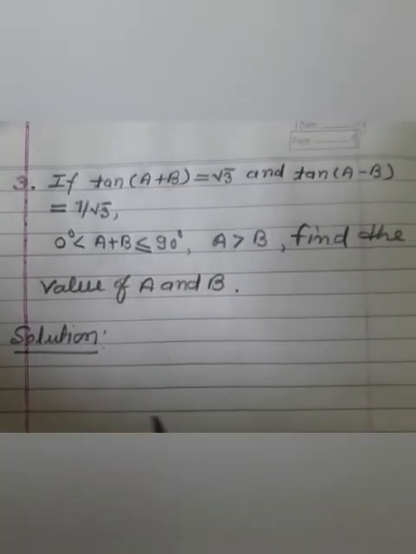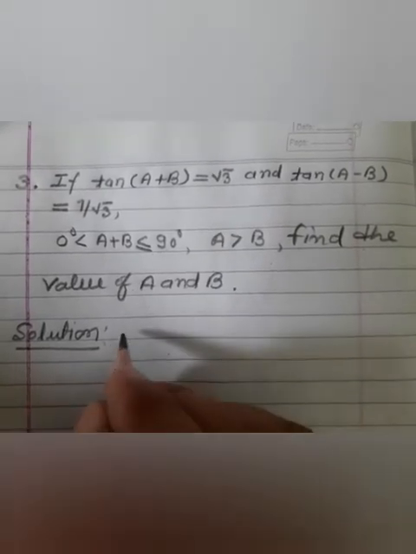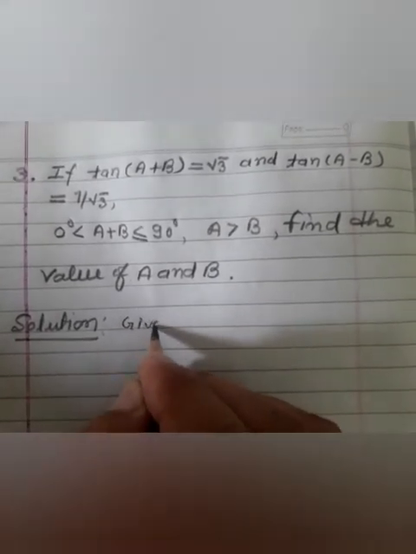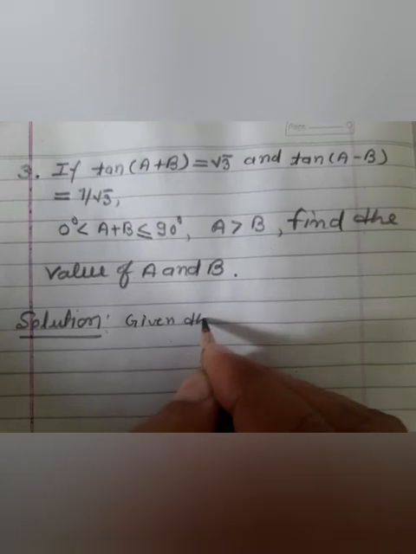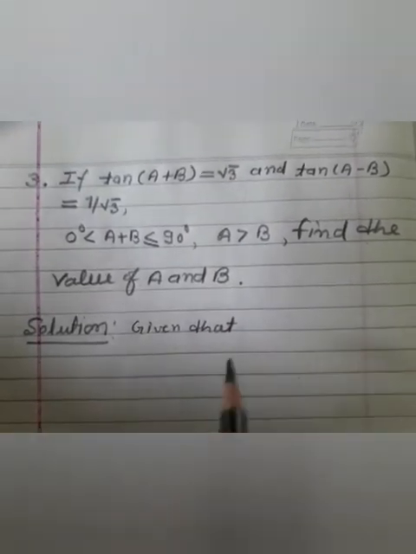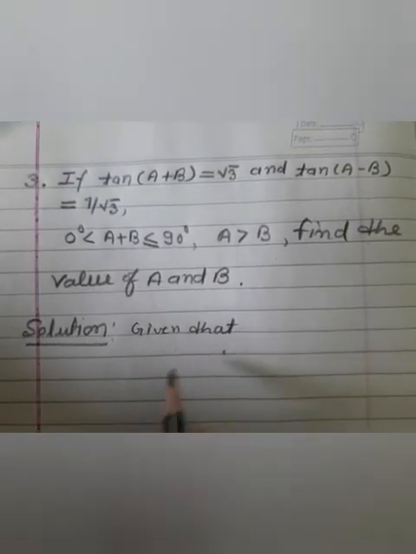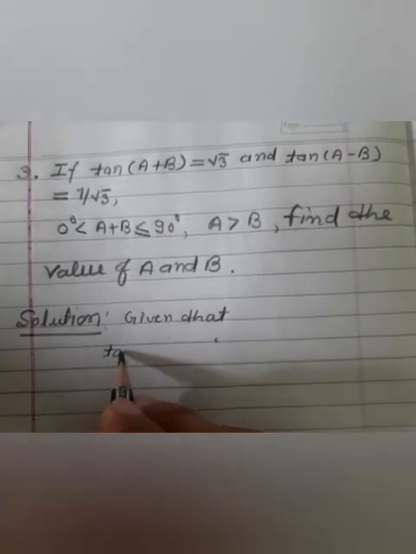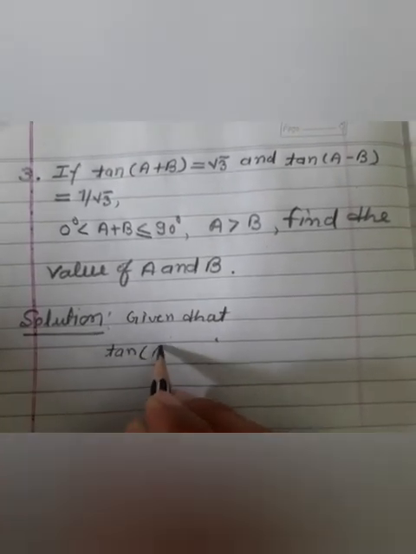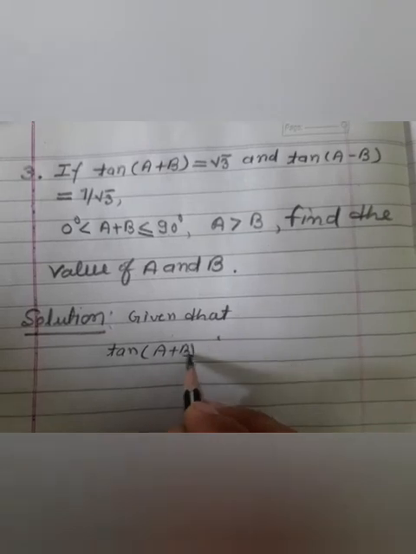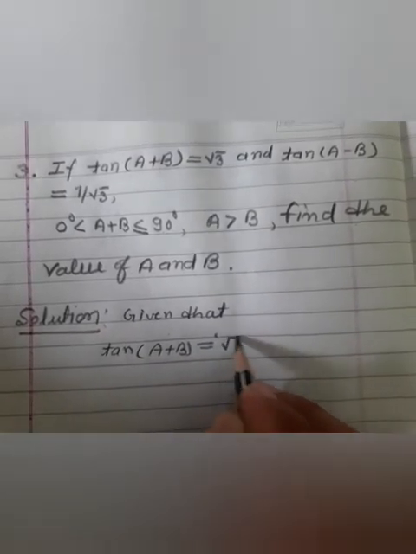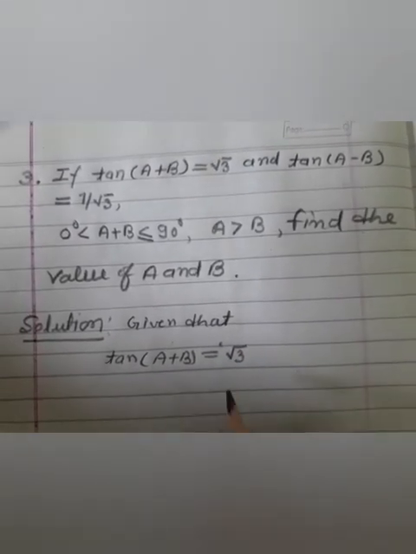Now given that, now solve here. Given that tan A plus B is equal to under root 3. Clear?